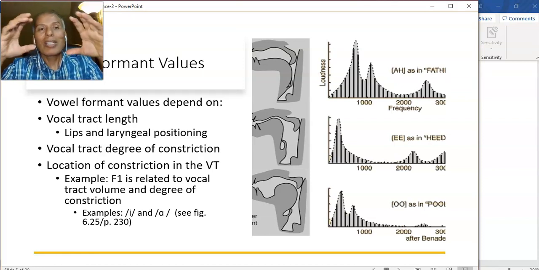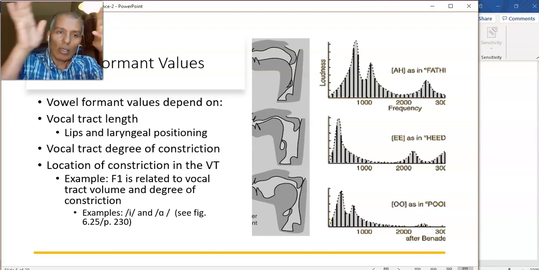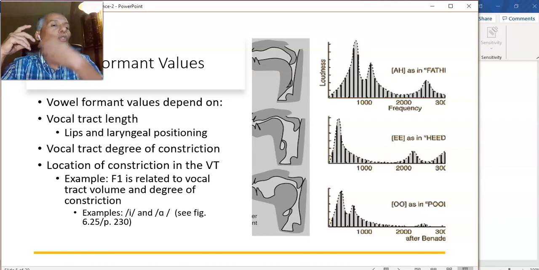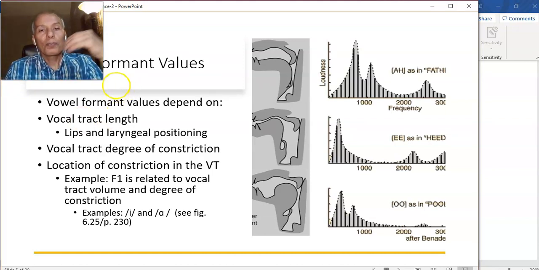But now we're speaking about air. That's a whole different matter. Now we speak about tubes and air volumes in the tubes. So what determines the frequency of the tube is, number one, the length of that tube, the length of the vocal tract from the vocal folds to the lips.